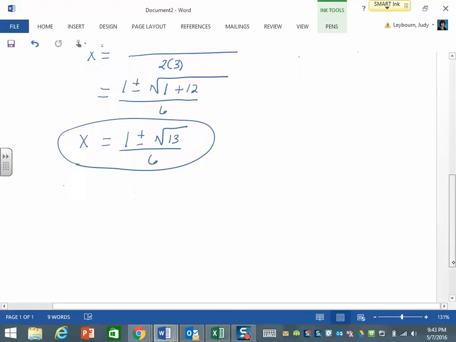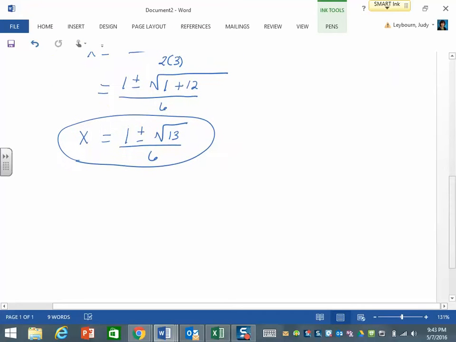Sometimes they will say to approximate your answers to the nearest hundredth, and so at that point you would plug in 1 plus radical 13, hit enter, and then divide by 6, and then round your answer to the hundredths, and then do the same thing for the negative value.